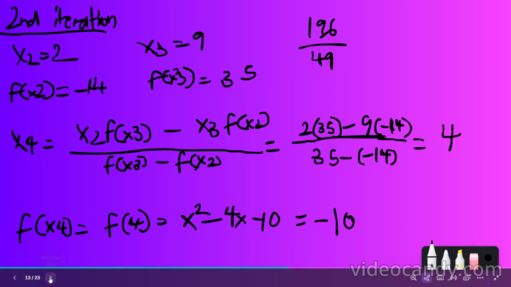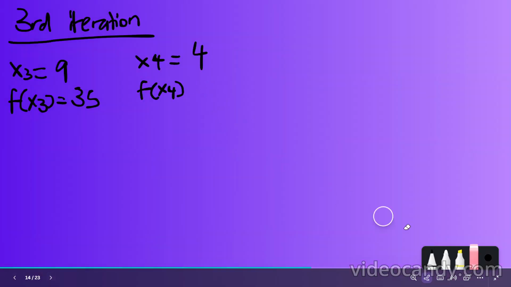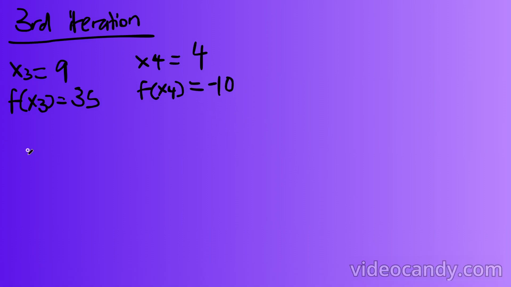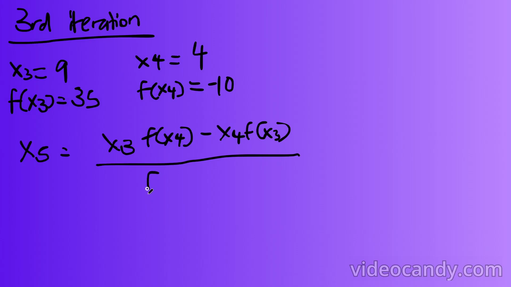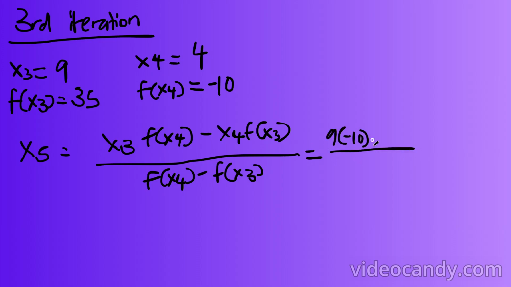For x5, it is x3 f of x4 minus x4 f of x3, divided by f of x4 minus f of x3. So 9 times negative 10 minus 4 times 35, divided by negative 10 minus 35.